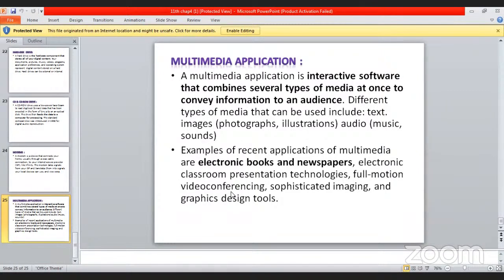Nowadays आपण सगळे मल्टीमीडिया ऍप्लिकेशन्स यूज करतो. Full motion video conferencing, sophisticated imaging, and graphic designing tools also. So that multimedia is an entertaining audiovisual facility becoming very popular in the computer world.